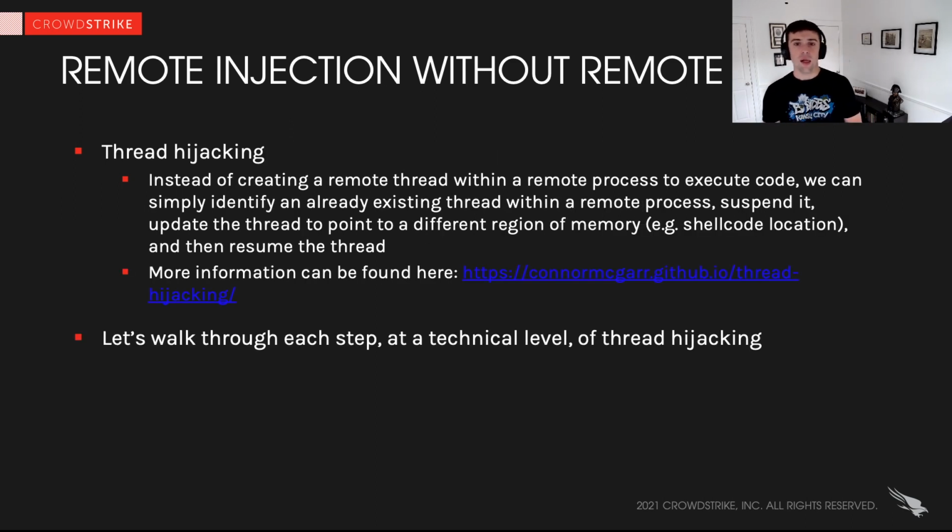As I mentioned, instead of creating a new remote thread within a remote process, we can simply identify an existing remote thread, suspend it, update that thread somehow to force it to execute our shellcode, and then resume the thread. I released a blog that has more comprehensive technical details on this TTP that can be found here. We'll go over everything at a technical level, but not as in-depth as this blog, for time's sake.